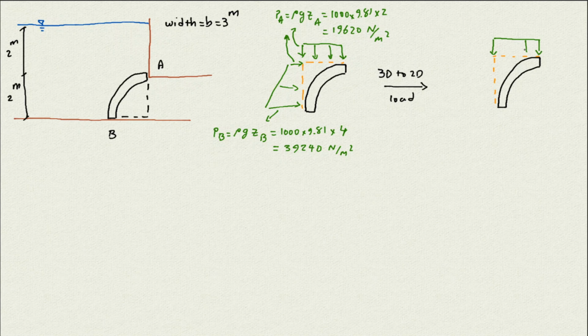So the magnitude of this load is going to be WA, the load at point A, which is the pressure at point A times the width, 19,620 times the width, which is 3, and the result of that is 58,860 Newton per meter, because we multiply by the width, the pressure becomes a linear load, a 2D load, so it goes from Newton per square meter to Newton per meter.